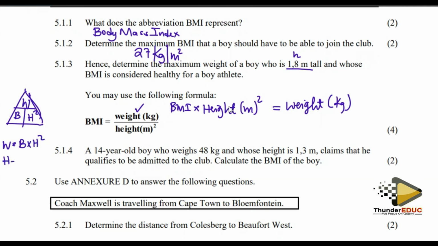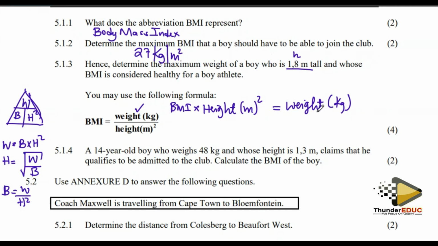If you're looking for the height, definitely we remain with the weight divided by the BMI, but here we shall find the square root. If you're looking for the BMI itself, we have weight over the height squared. You can use the triangle like this to determine the BMI.